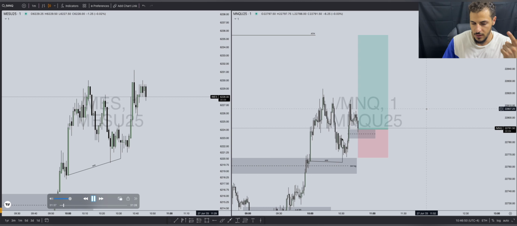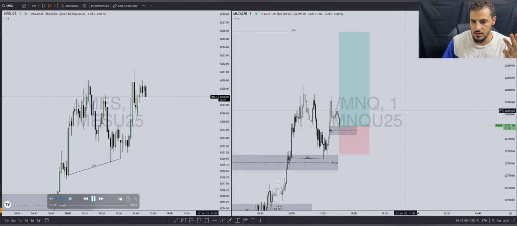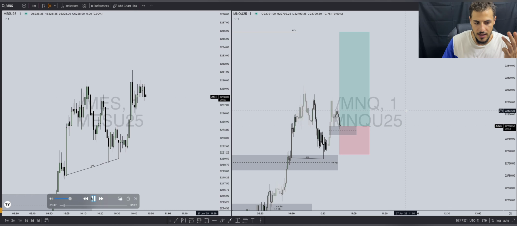I'm trying to catch it from here, right? So that's three. So SMT, higher time frame draw, Judas swing. Number four is the fair value gap, right? Now, I usually demand that the fair value gap happens during the macro. So usually I want to see this portion from here to here happen during the macro, not before.